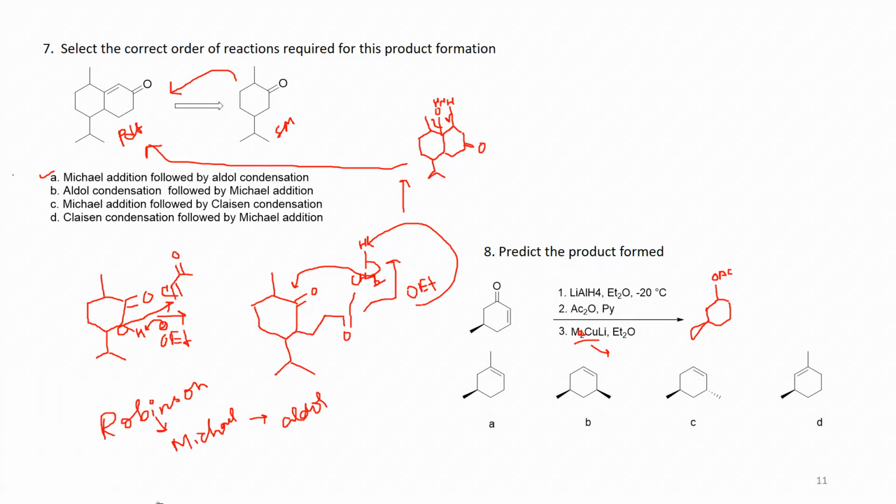So lithium aluminum hydride is a reducing agent. It will reduce this carbonyl group to the hydroxy group, and after that, as Ac2O is present, the hydroxy will be acetylated and OAc will form. Now, as we are adding this Gilman reagent, it will give a CH3 minus source.